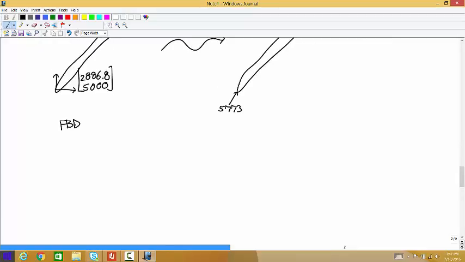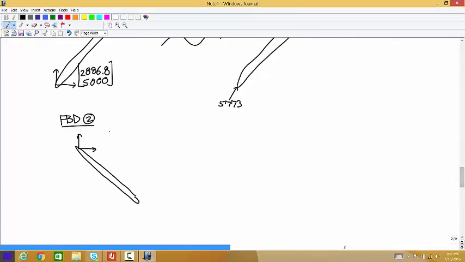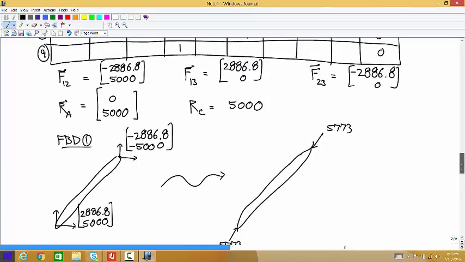Then for body 2, up here all you have is the force on 2 by 1, or negative F12. That's 2886.8, and then what was it? Negative 5,000.